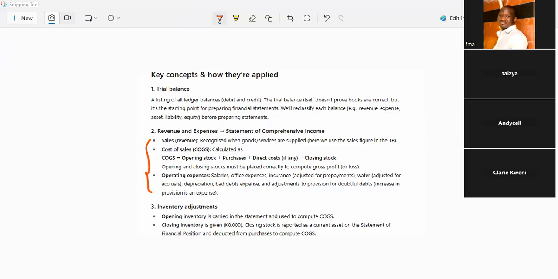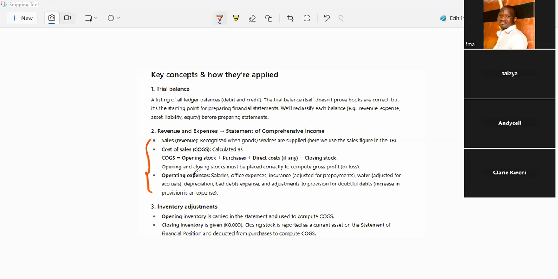All right, so now we want to look at how to answer this question. So our question now has adjustments. The first thing is you need to identify the adjustments that you need to make.